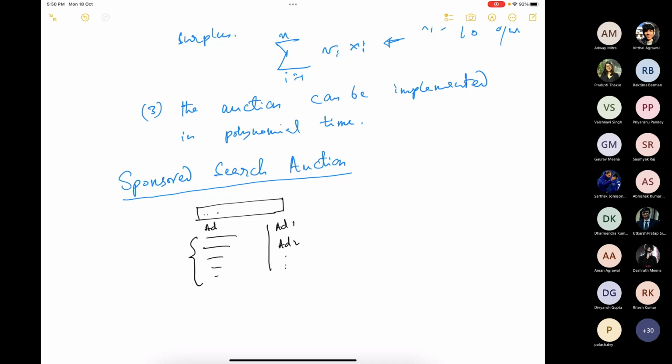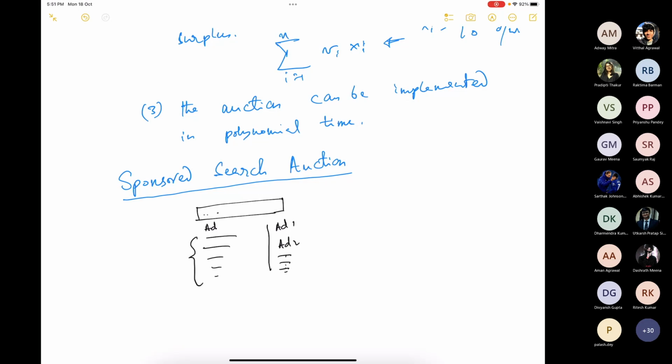But then what kinds of ads to show? As you can see, there are multiple slots. It's not like a single item sealed bid auction. There are multiple slots, and the question becomes which ads to show in what slot. To decide that, some kind of auction is again conducted, and that is called sponsored search auction.